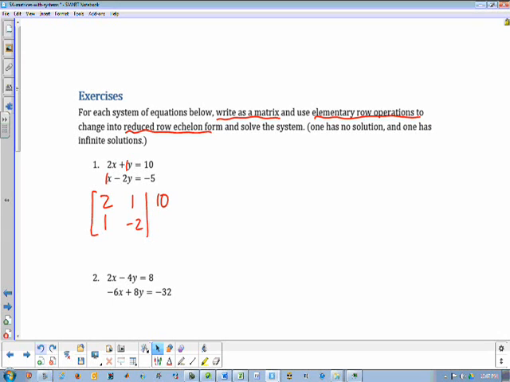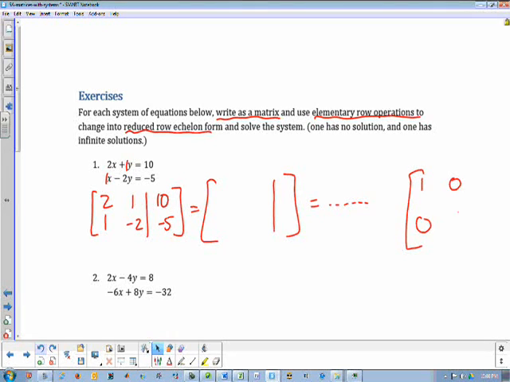Make sure you have a little bit of spacing between these numbers. We're going to keep changing it until we end up with 1, 0, 0, 1, and a couple of numbers over here. Whatever we get, these are your answers: x equals and y equals. So let's give that a try.